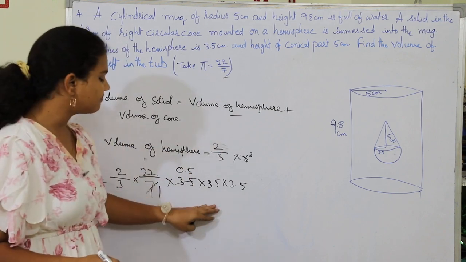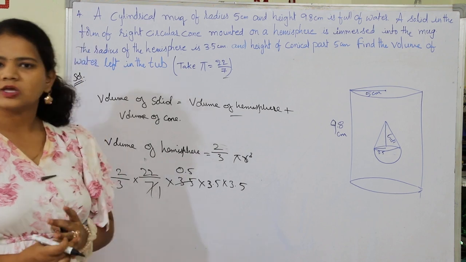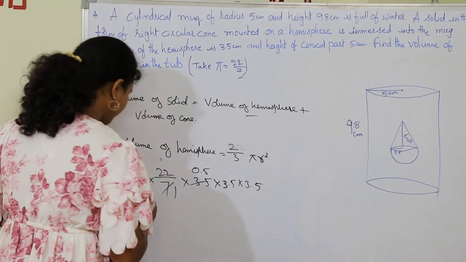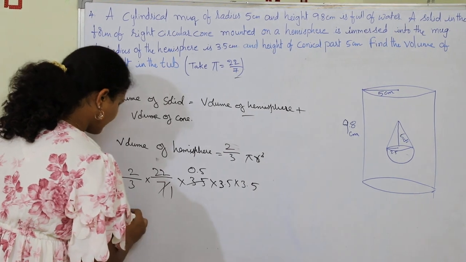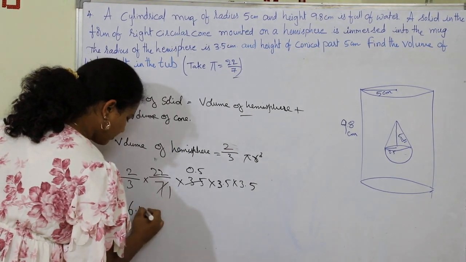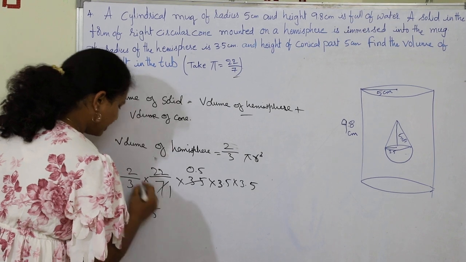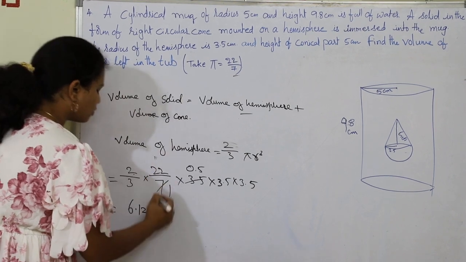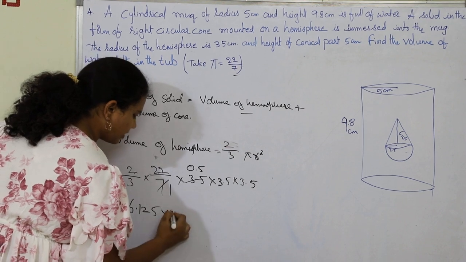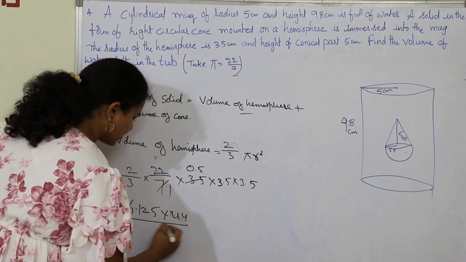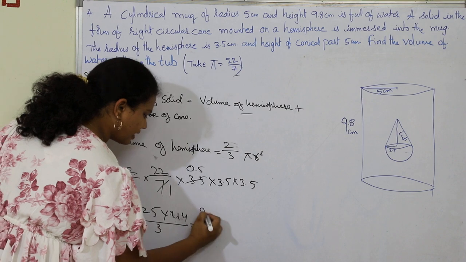So 1.75 into 3.5 gives 6.125. Let me write 6.125 into 2 into 22. 2 twos are 44, so 44 by 3. So this becomes what?